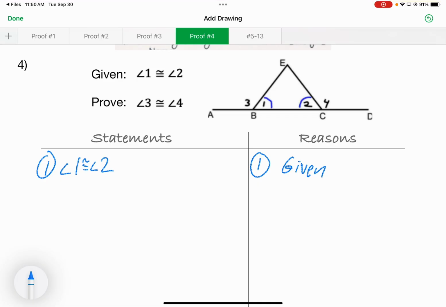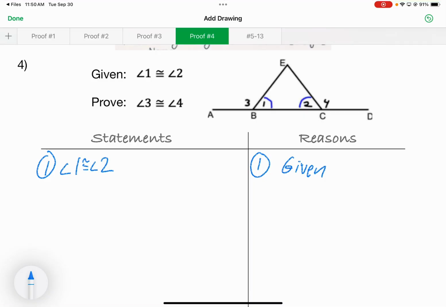This wouldn't really be angle addition postulate, right? Why? It's linear. So I can use the fact that it's linear as opposed to it being angle addition postulate. So what's my linear pair? Angles 1 and 3.